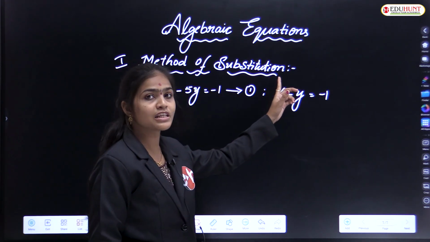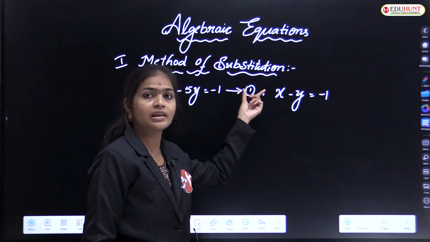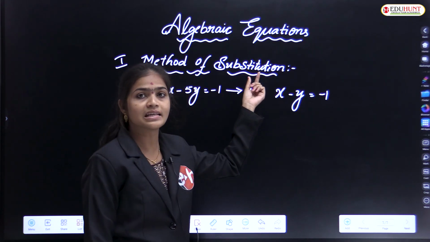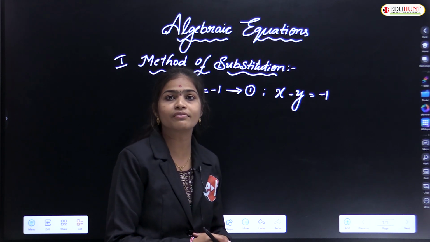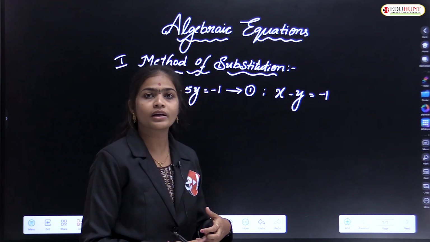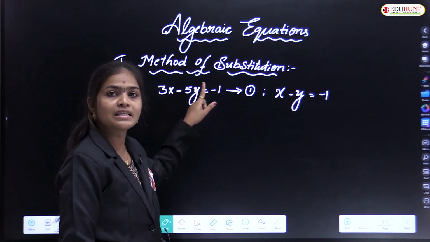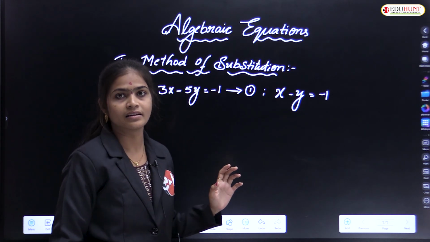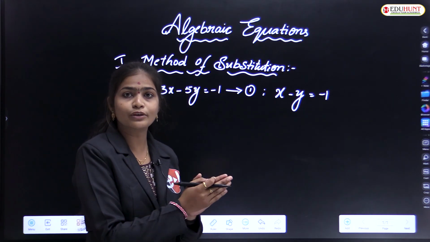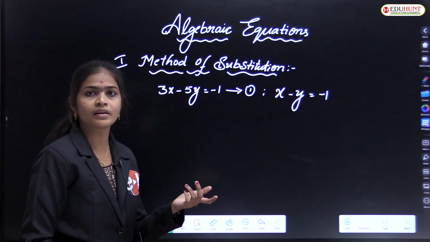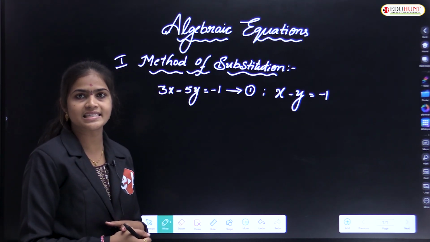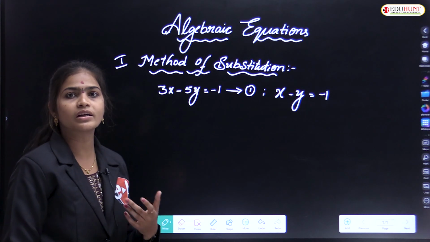By using substitution. Substitution, as the name says, means we have to replace a variable with some other variable. Here we can replace x with y or y with x. If you replace the x value in terms of y, then you will get the answer in terms of y or terms of x.